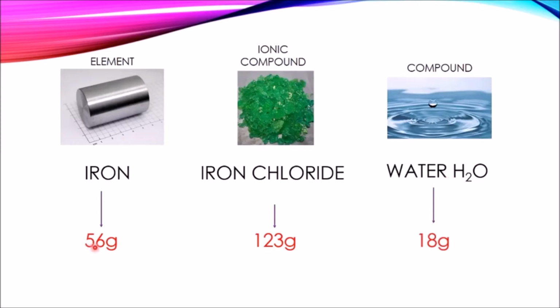Okay, so 56 grams is equal to 1 mole of iron. 123 grams of iron chloride is equal to 1 mole of iron chloride, and the 18 grams of water will be equal to 1 mole of water. So all these things are equal to what?